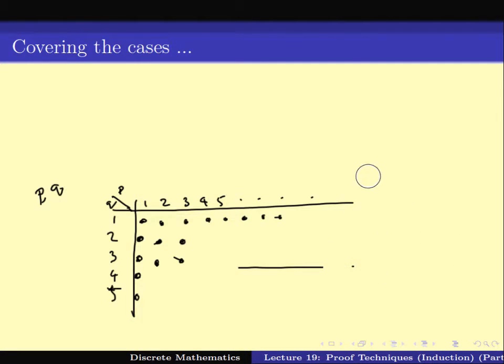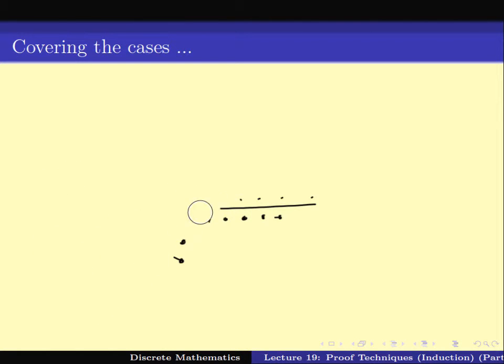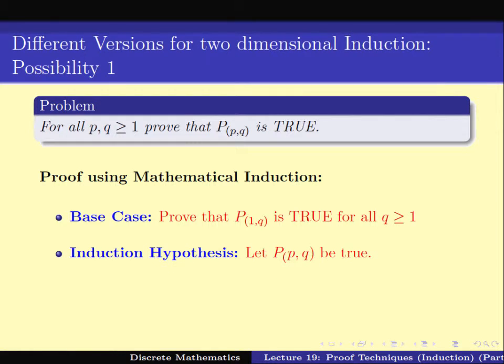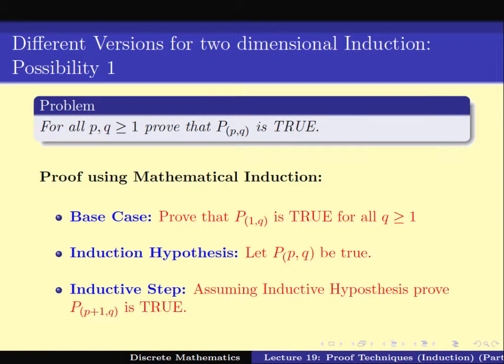So there are different versions that are available, and we will be going through a few of them. Say version possibility 1 can be that if you have to prove for all P, Q, first prove that P(1, Q) is true, and then assuming that P(p, q) is true, prove that P(p+1, q) is also true.